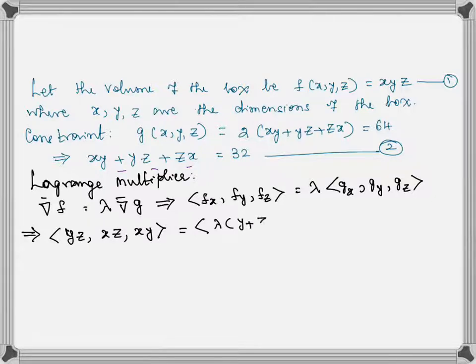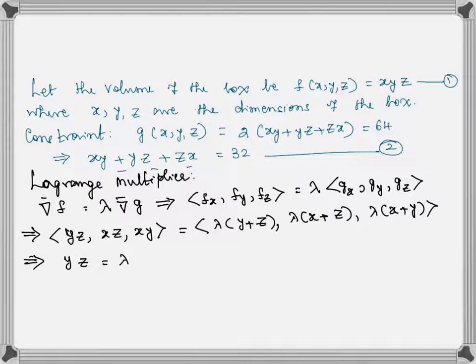That will give us lambda times (y + z), comma, lambda times (x + z), comma, lambda times (x + y). So we have these two vectors equal. So compare the corresponding components and equate them.